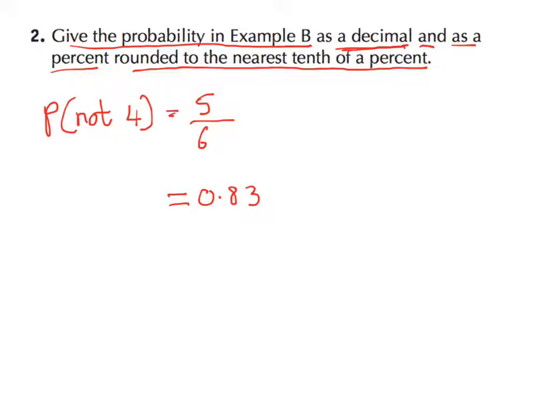So as a decimal. And as a percent, 5/6 will be 0.83. If you want to change this to a percentage, you multiply by 100, and it's going to be 83%. So the probability of a number which is not 4 when you toss a cube will be 83%.